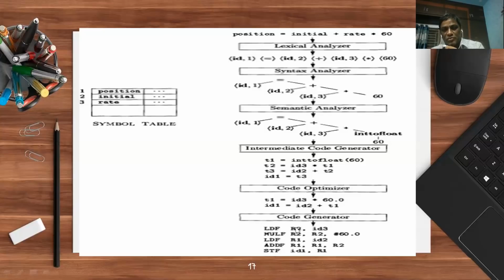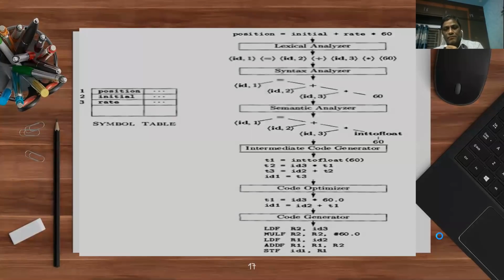So copy it to register 2 and then perform the multiplication operation with R2, R2, #60.0. This is a constant. So perform a multiplication with the value of R2 and 60.0 and store it in R2 again, and so on.